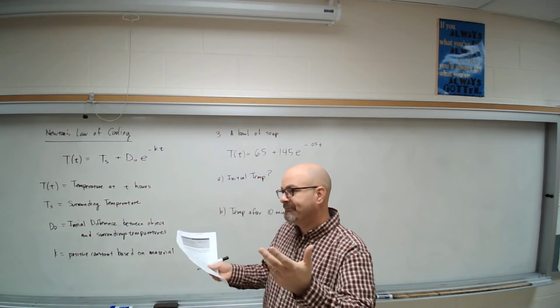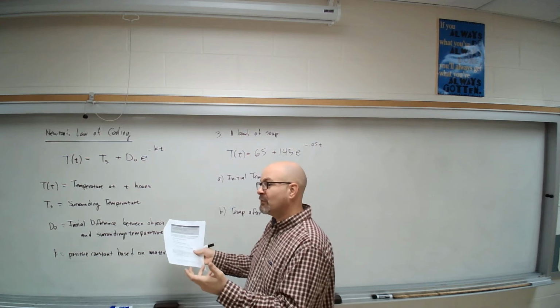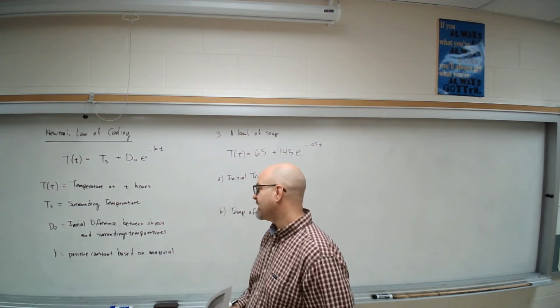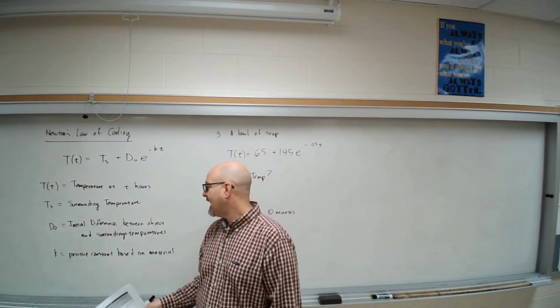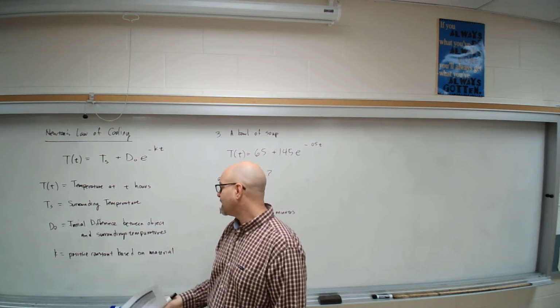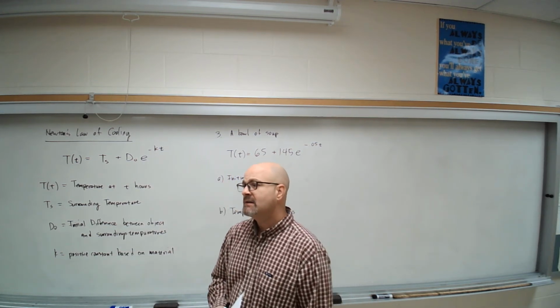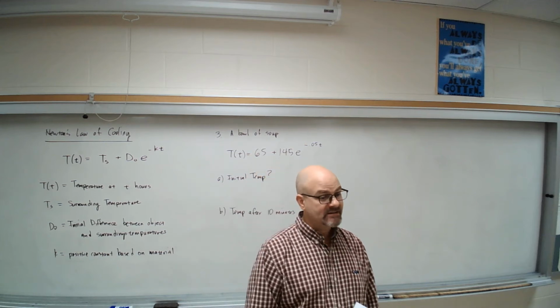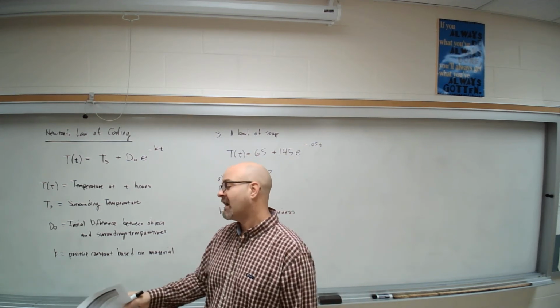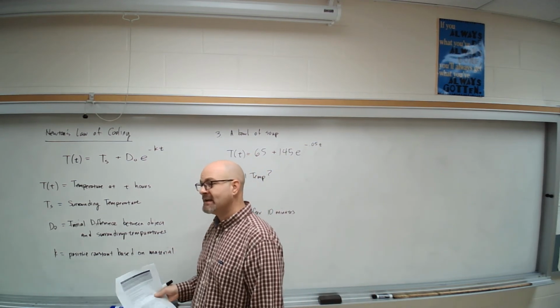If it's 72 degrees and you had 212, you'd find the difference, and that would be D sub 0. K is a positive constant based on the material. So what someone would do in a laboratory is look at a material, measure its temperature over time, and they could figure out what K is for different materials.